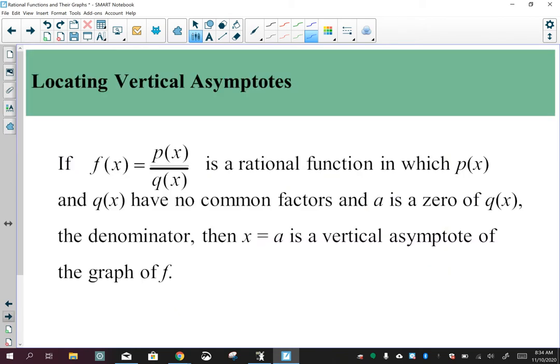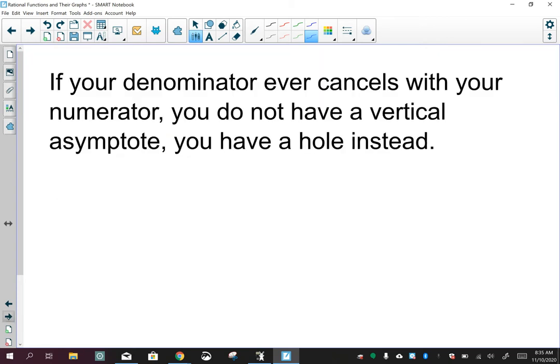So how do we locate these? When you locate vertical asymptotes, basically what you're going to do is take that q of x, whatever it is, and you're going to factor it. And then you're going to see if it cancels with anything in the numerator. So here's a note for you. If your denominator ever cancels with your numerator, you don't have a vertical asymptote, you have a hole.